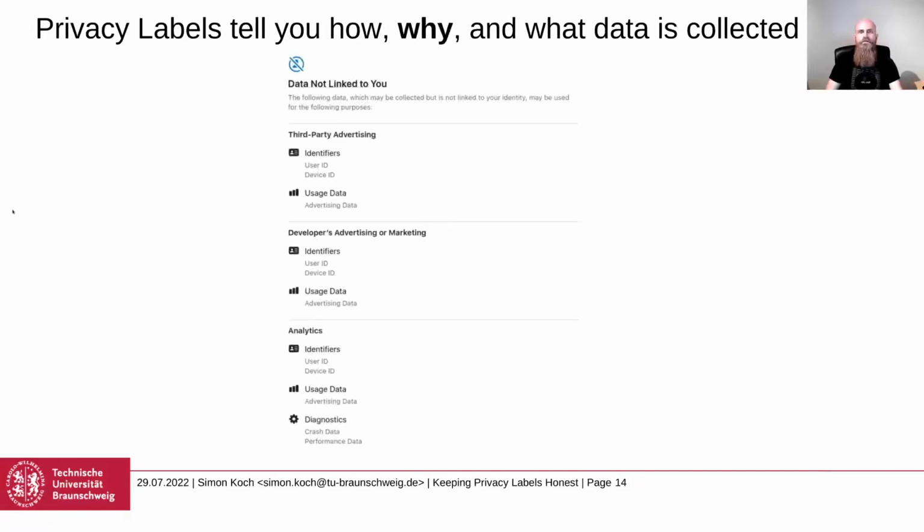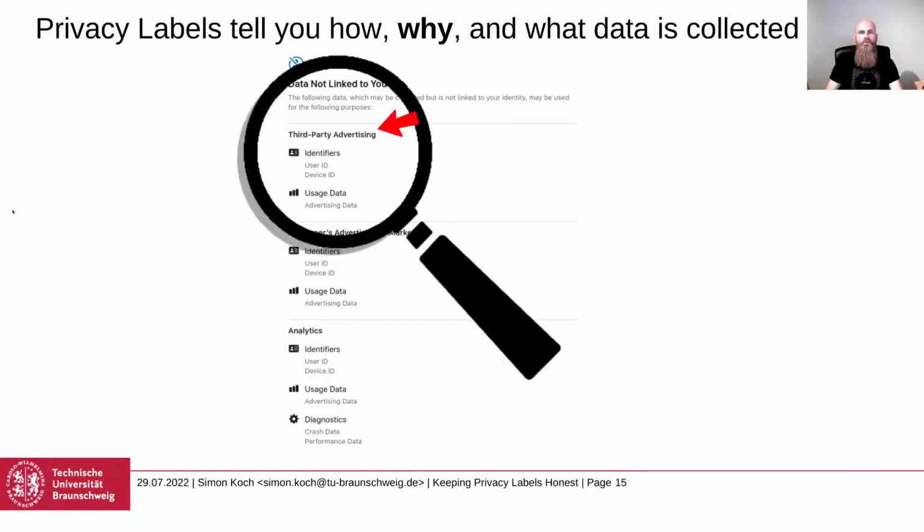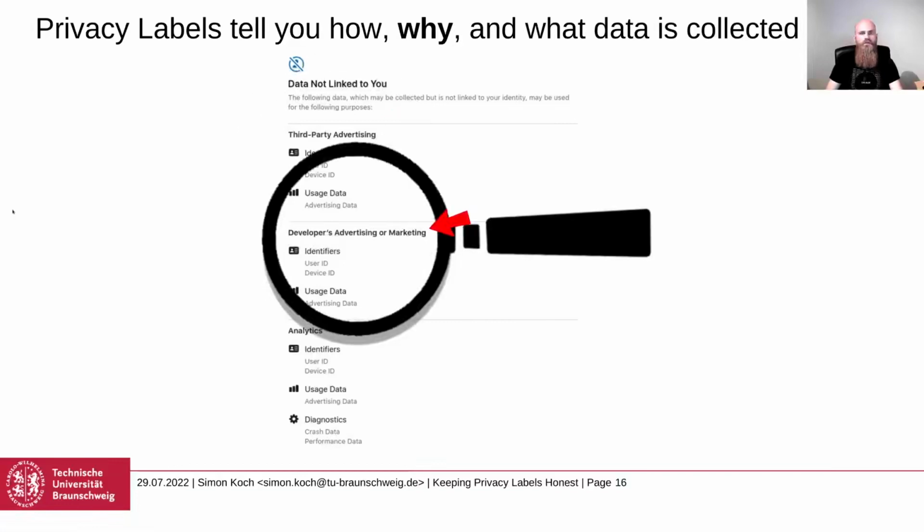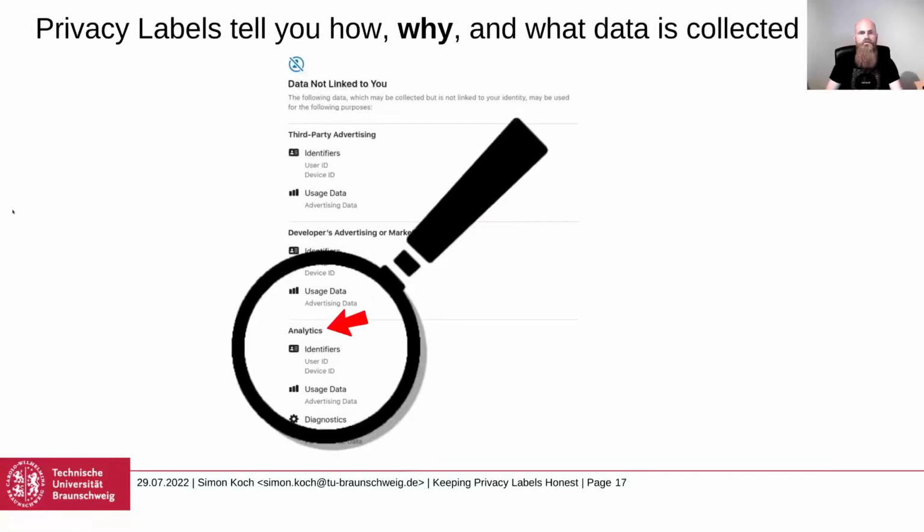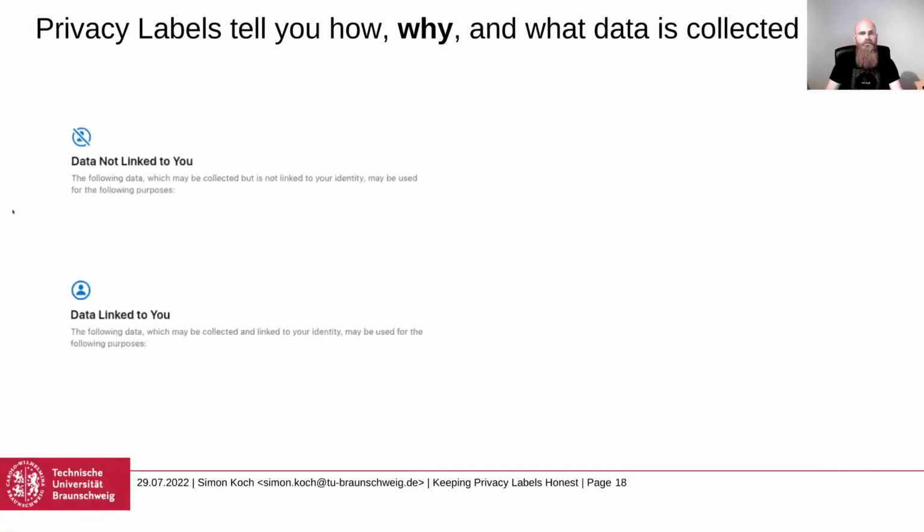Next, we have the why, the purpose on why data is collected. As an example, we have a look at the section detailing data collected not linked to you. The purposes are listed in bold below. First, we have third-party advertising. Then we have developers advertising or marketing. And finally, we have analytics.